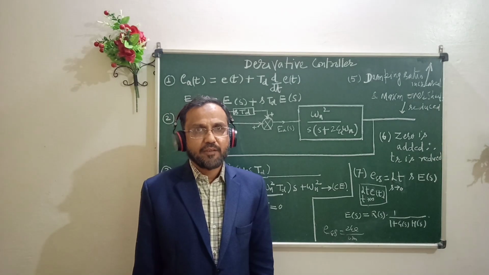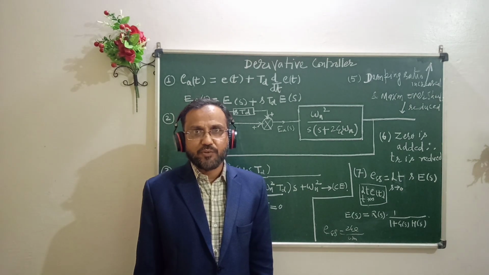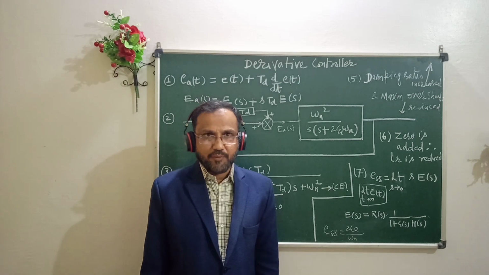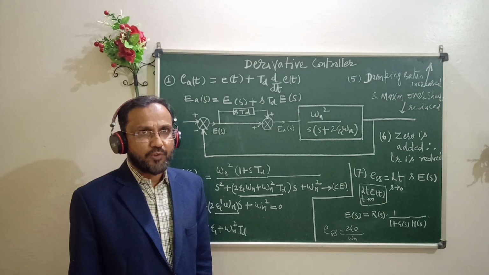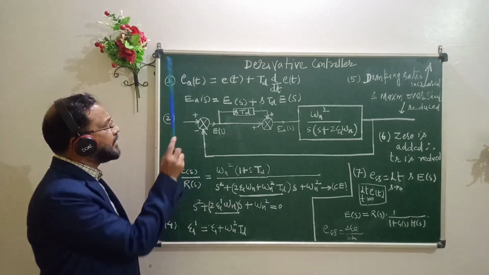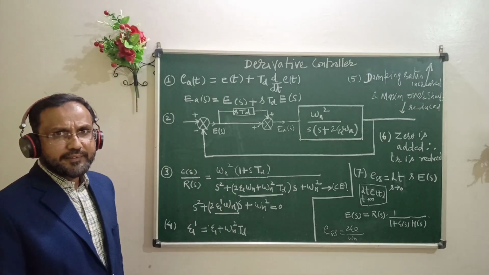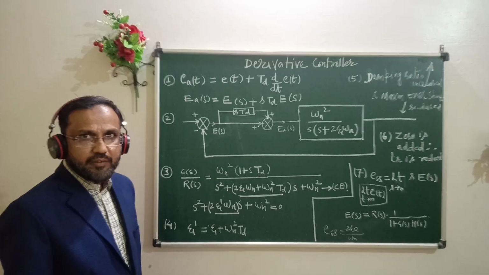Earlier we have discussed proportional controller, in which actuating signal is directly proportional to error signal. Now we will discuss derivative controller. In derivative controller, actuating signal consists of error signal and its derivative.